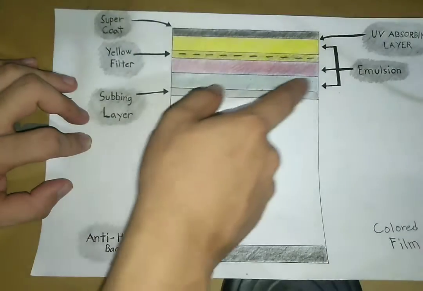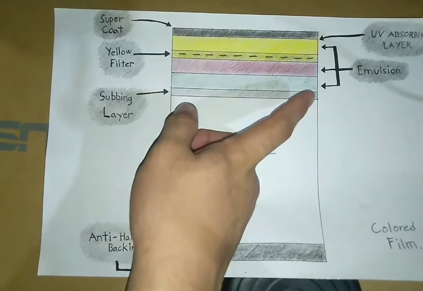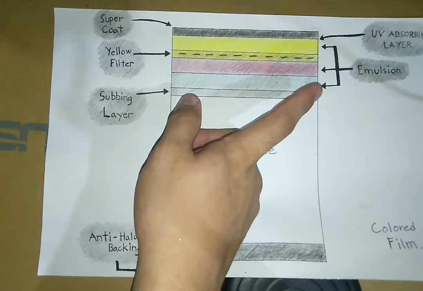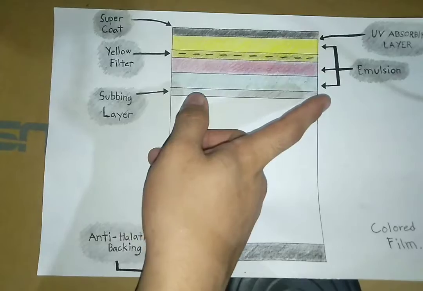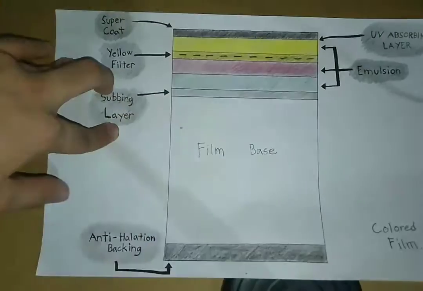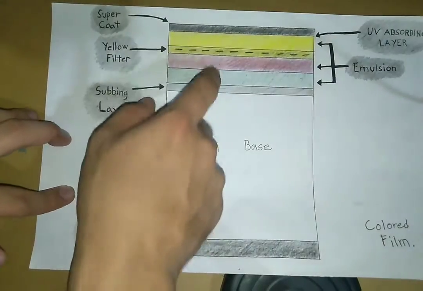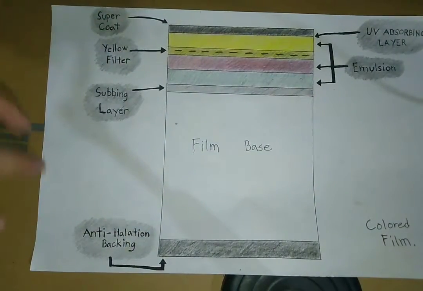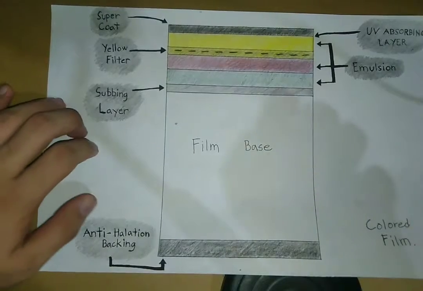As you can see, this cyan color is a blue and red sensitive silver halide that turns out to be cyan. Usually, what is the work of these three emulsion layers? Their work is to apply colors to the image because this is a colored film.